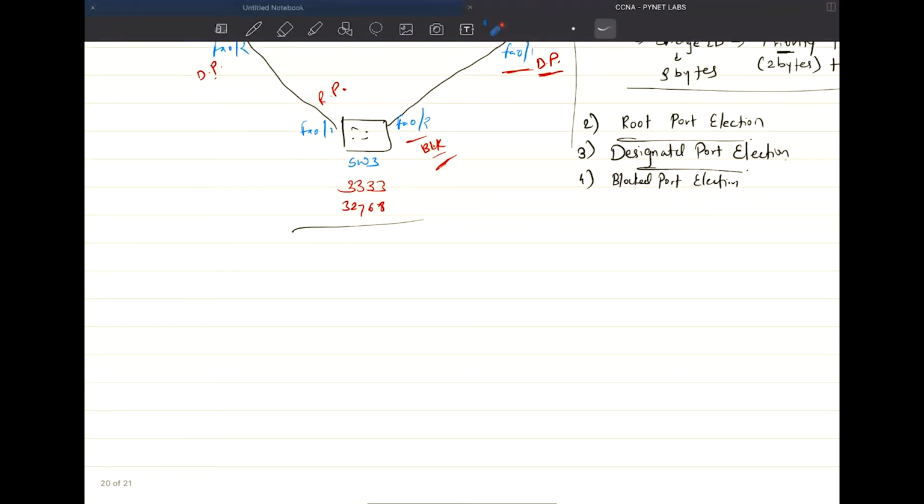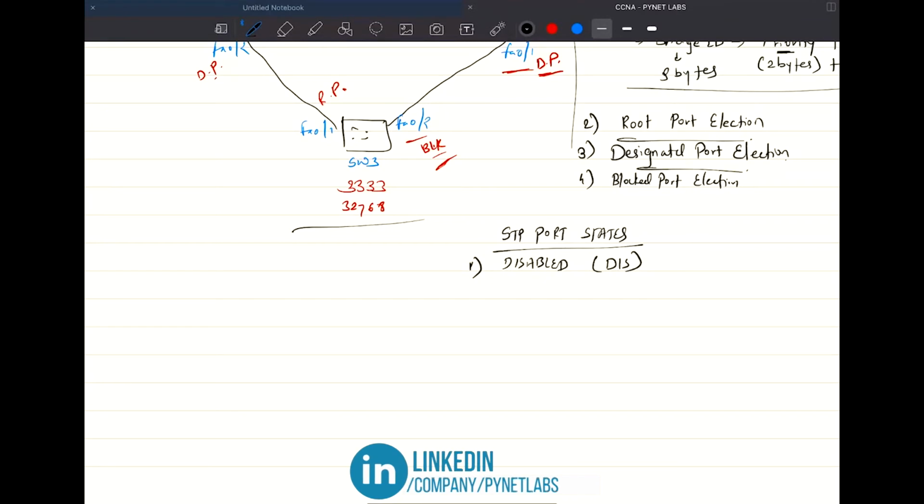All right. Then there are some STP port states as well that get assigned. Now, these port states: the first state is disabled, which we refer to as DIS. The second state is listening, which we abbreviate as LIS.